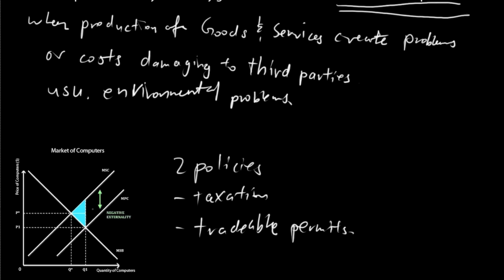Good points for this policy is that the market takes over, and it is in the firm's interest to pollute as little as possible. Because if they need to pollute more, they will need to pay more and buy more licenses. However, if they manage to pollute less than their permit, they can sell their permit and make money.